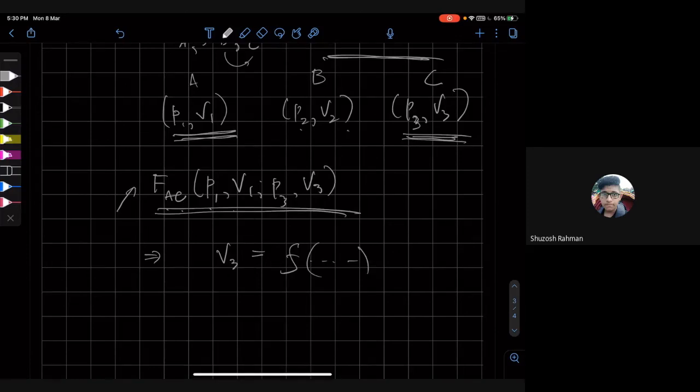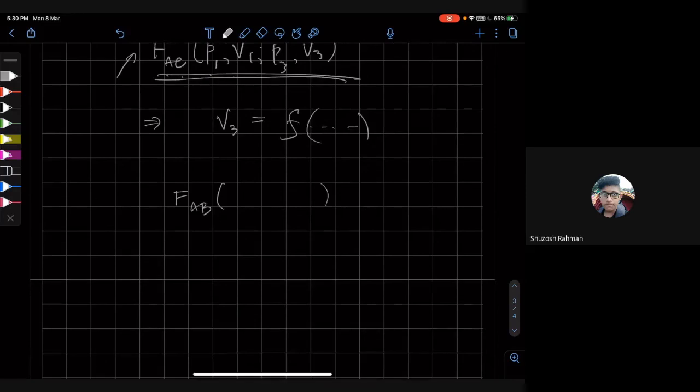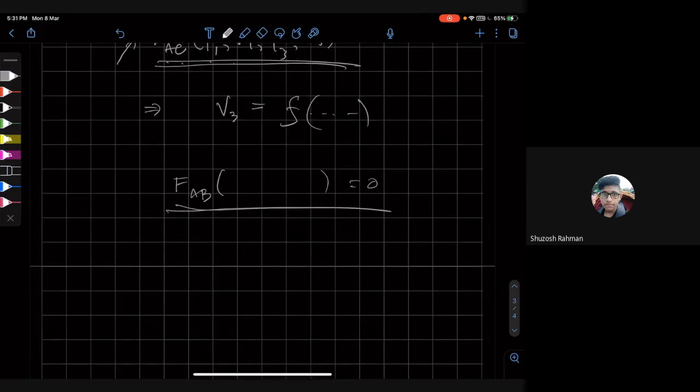And then, by similar logic, there was a relationship between A and B, but it included the same dependence on V3.